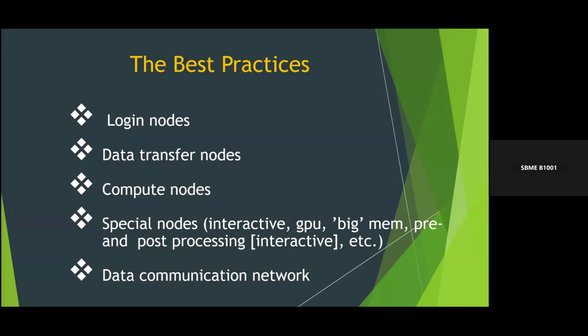Don't ask for one node, 30 cores, and 100 gigs of memory, because you don't need that much. Since you requested these resources, they will be assigned to you and will not be usable by anybody else. So be very precise in what you are asking for.